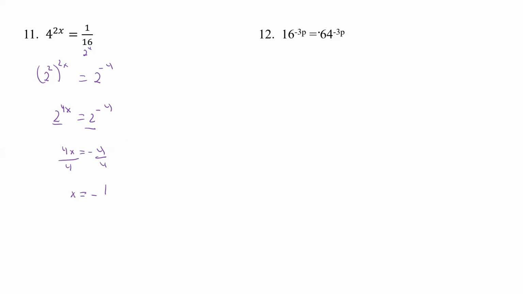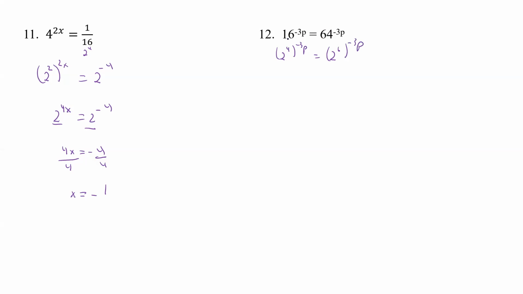All right, what about this one? Well, these look familiar. They were powers of 2 again. And remember, that's 2, and we saw that over here as 2 to the 4th to the negative 3p. Now, what is 64? Well, if we take that times 4 more, that's going to give us 64. So that's going to be 2 to the 6th to the negative 3p.